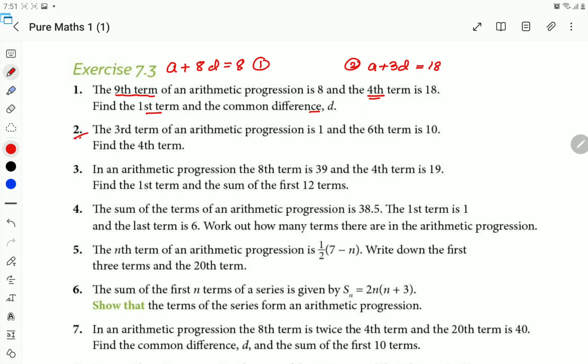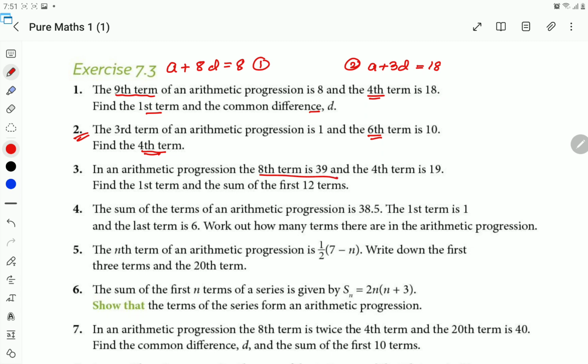That is the same thing with number 2, the third term. What is it? A plus 2d, you are correct. The sixth term, what is that? A plus 5d. Okay? Find the fourth term. In an arithmetic progression, the eighth term. So basically everything will be the same, right?